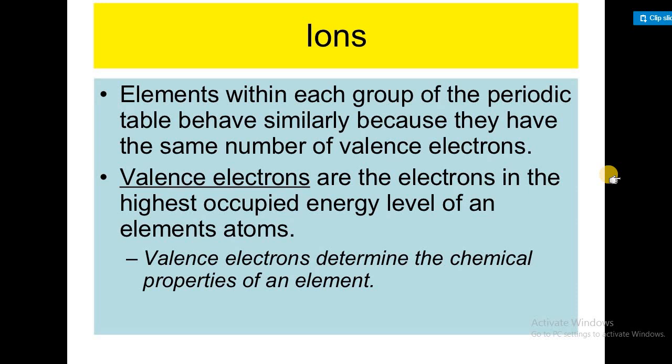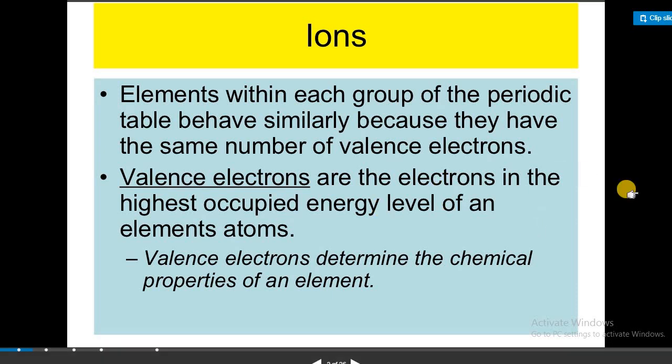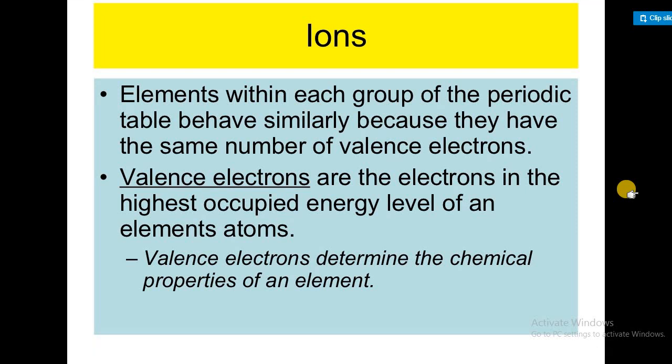Very basic information: when an atom loses or gains an electron, it forms an ion. Electrons can only be lost by the atom through the valence shell. Those electrons which are present in the valence shell are called valence electrons.